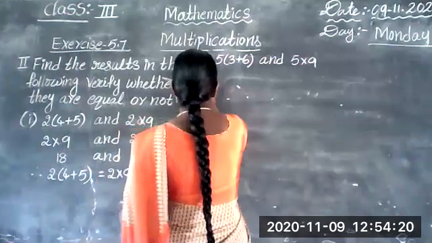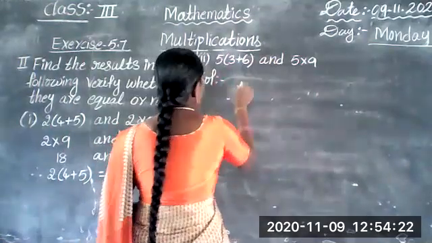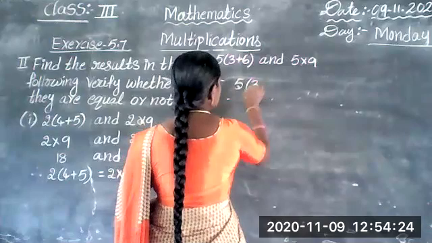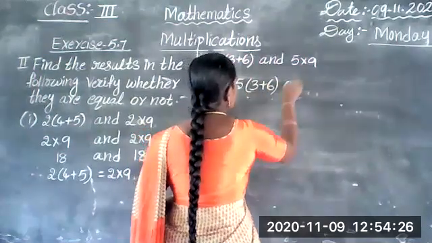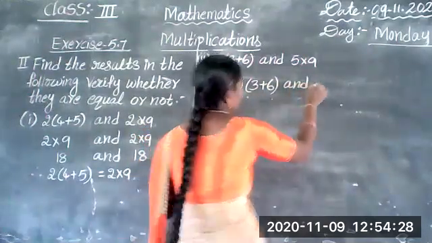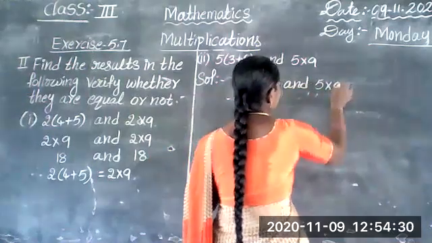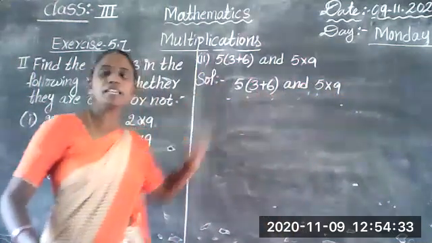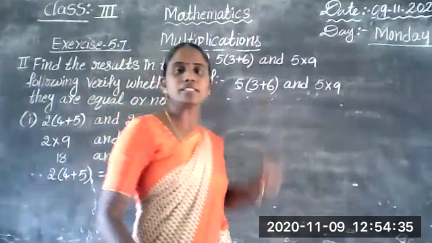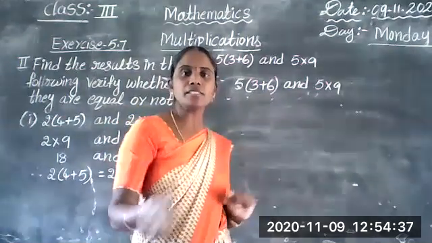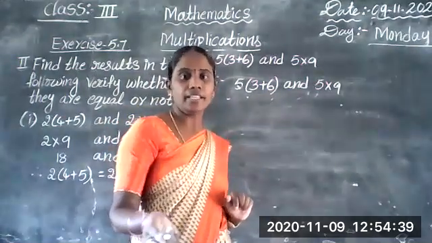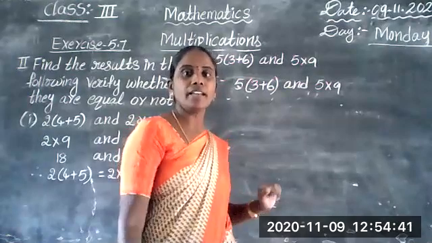Right. First 5 into 3 plus 6, and 5 into 9. 3 plus 6 is 9. Just 3 plus 6 is 9.